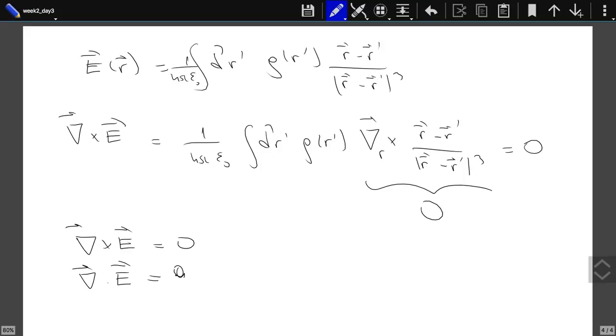We also had calculated that the divergence was rho over epsilon 0. So there is this vector field. We know its curl. We know its divergence.